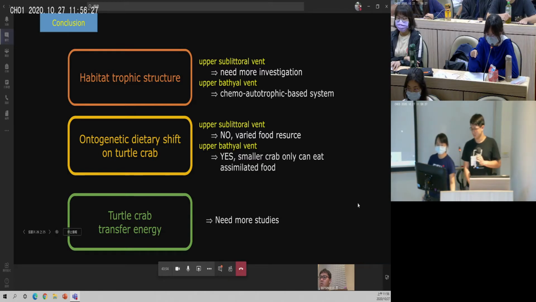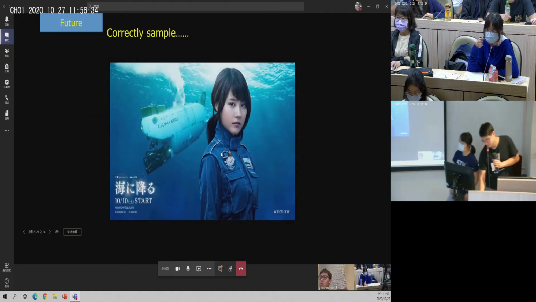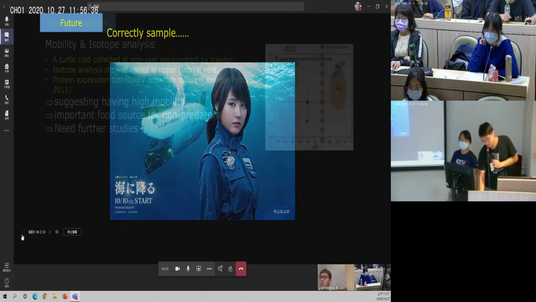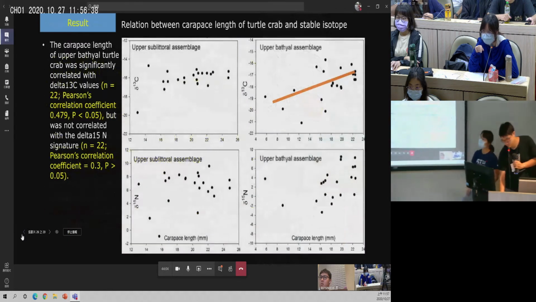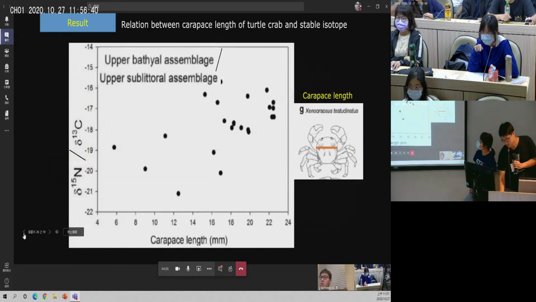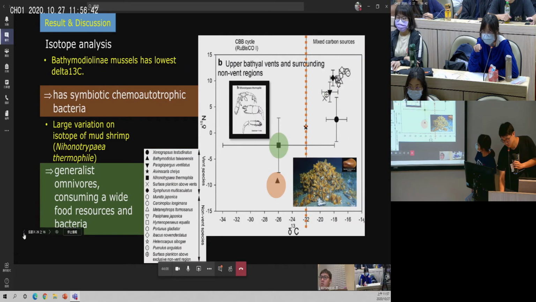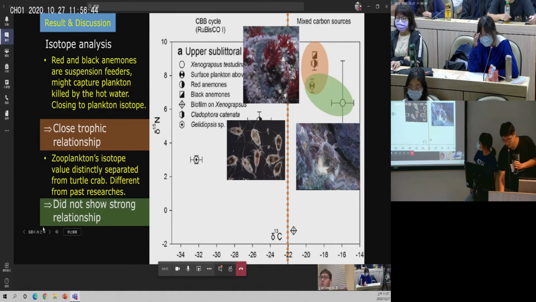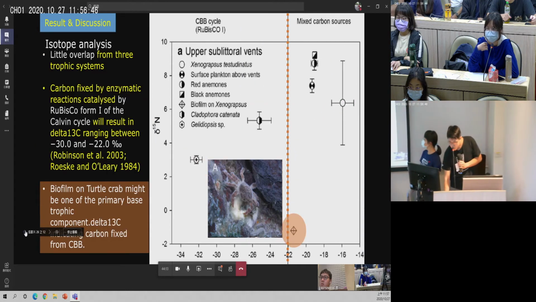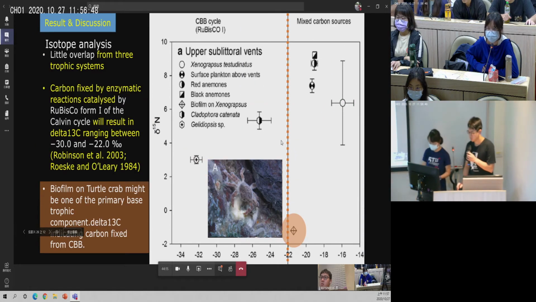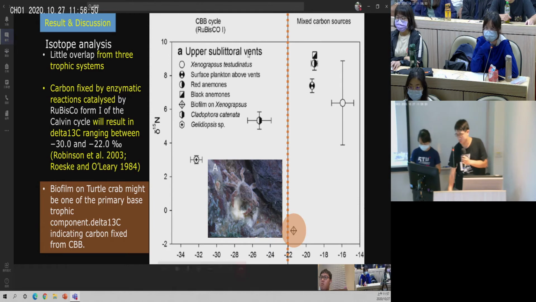In the result, you use the orange dash. I don't know what it means. The dash, orange dash. Okay, she wants to know what this dash means.